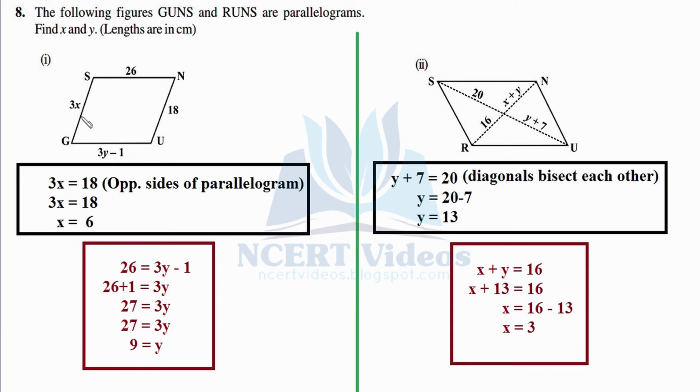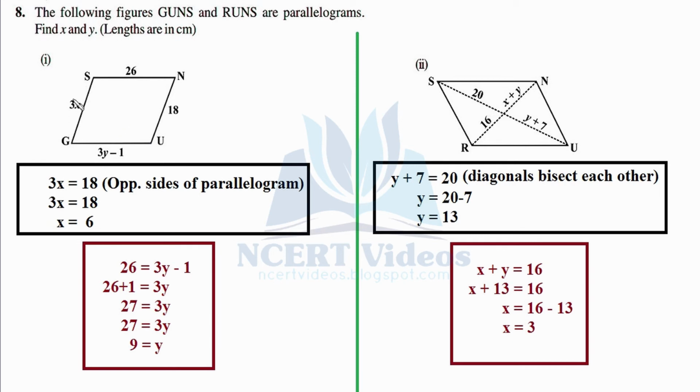In order to find the measure of x, we shall equate SG equal to NU, because again these are opposite sides of a parallelogram and they are equal. With this we will be able to find the measure of x. So always first try to visualize the steps that you will follow in order to find your answer. So with this, let's try to solve it.